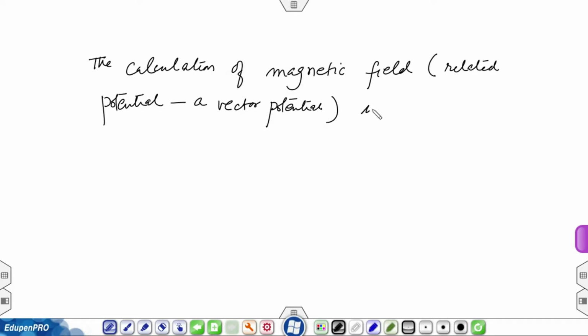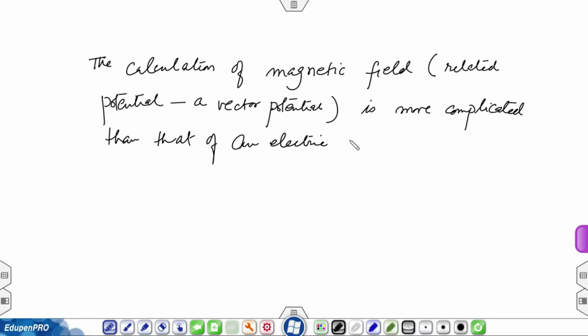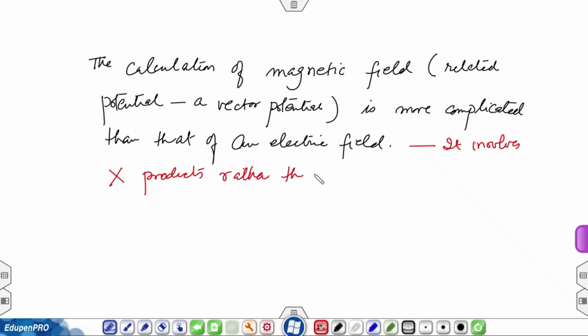So, this calculation is more complicated than that of an electric field. Why? Because it involves cross products rather than dot products. So, let us write that also. It involves cross products rather than dot product that we saw in the case of electrostatics.